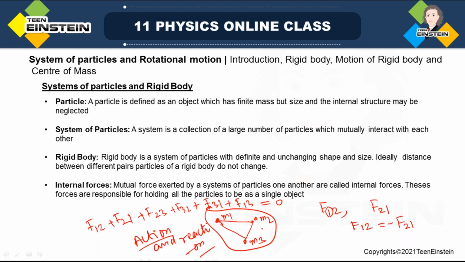That means what? That means these forces cannot manifest any motion of the object. So internal forces cannot make any motion of the body, because the sum of the internal forces will always be 0, because these forces are equal in magnitude and opposite in direction.